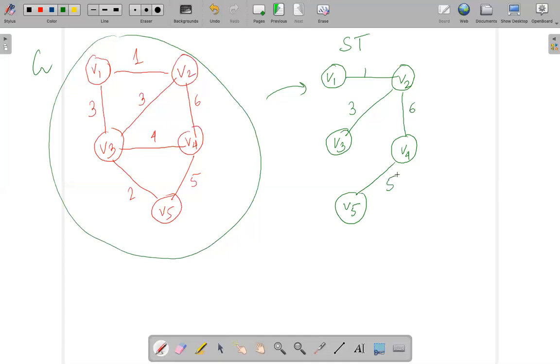So this is a spanning tree of the graph G. However, this is not a spanning tree of minimum weight, because there exists something which has a weight lesser than this. So one example of a minimum spanning tree formed from this graph is the following.